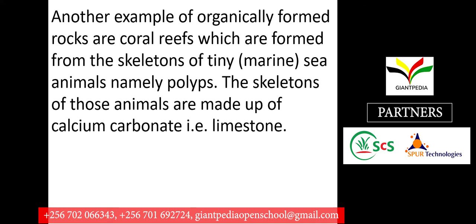The coral reef is a rock platform, which is formed from the skeletons of tiny marine sea animals, namely polyps. So coral polyps make up the coral rocks, which are organically formed.